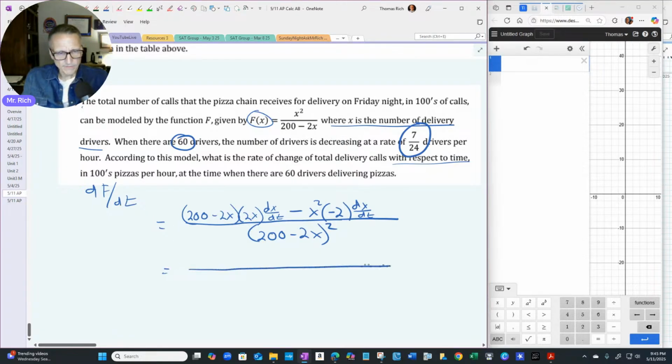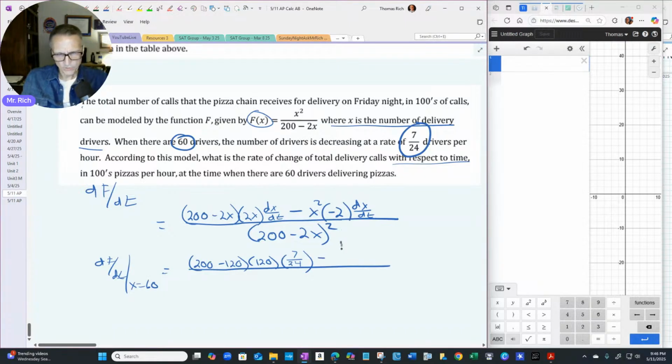All right, so let's evaluate df/dt when x is equal to 60, when we've got 60 drivers. So that's going to be 200 minus 120, times 2 times x, that's going to be times 120. My dx/dt is 7/24.